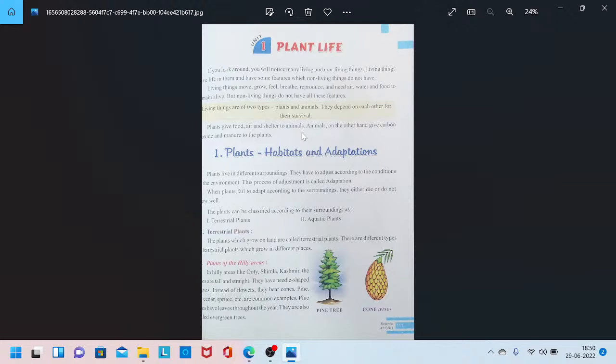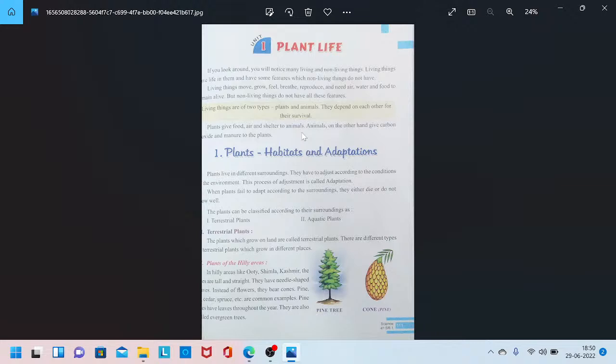So if you look around, you will notice many living and non-living things. Yes, if we look around, we see living things and non-living things, right? Living things have a life in them, and have some features which non-living things do not have.